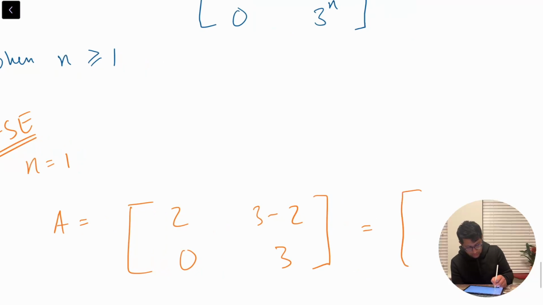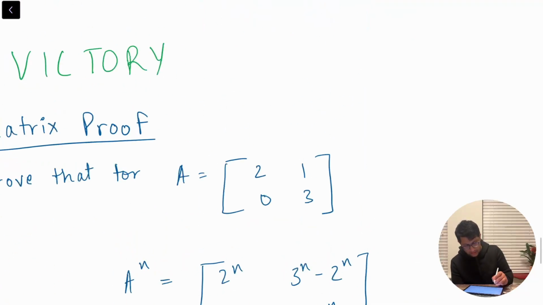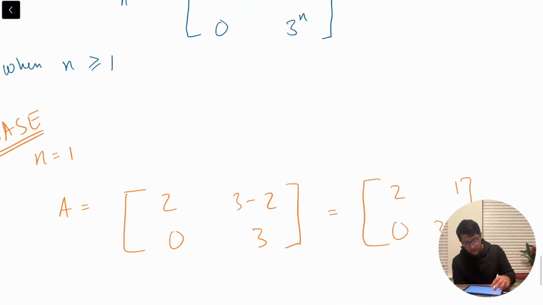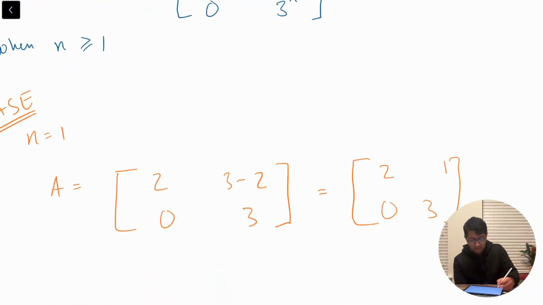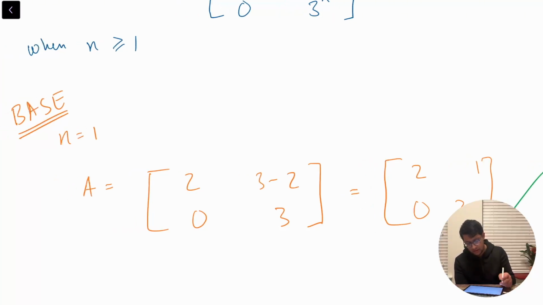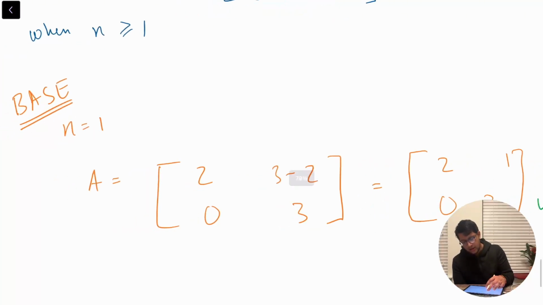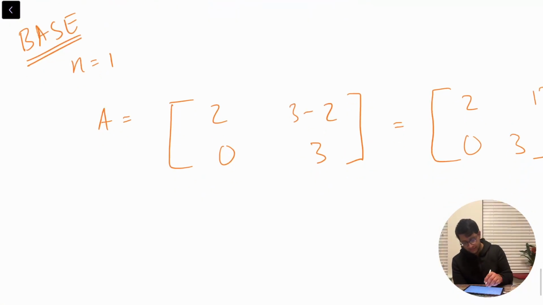Which is just equal to 2, 1, 0, 3, which is what this is. So we know that this statement is not just a straight up lie. There's some truth to it as it works for the base case, n equals 1. This is correct. So once we prove it for the base case, you assume it to be true for n equals k.